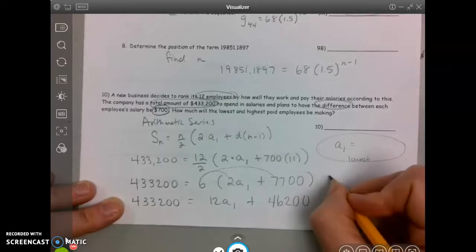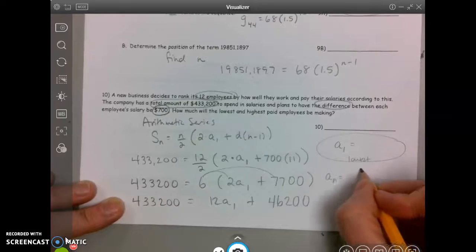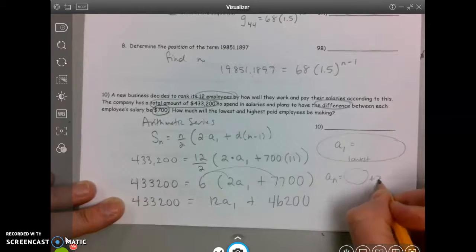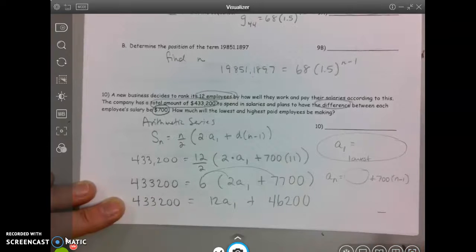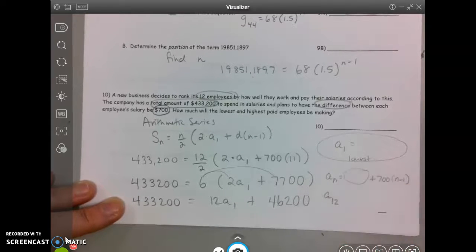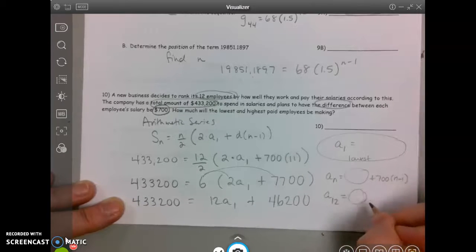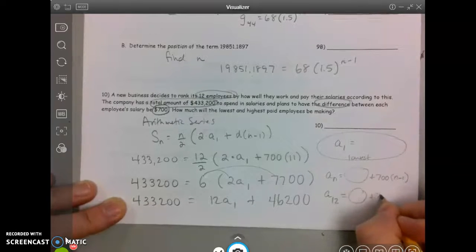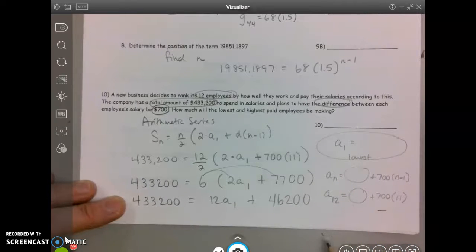You can write a formula, a sub n equals the first term, which is what you found, plus 700 times n minus 1. And you know the highest salary has to be the 12th person, the last person. So you'll put whatever amount you got for the first term, plus 700 times 11, and you'll be able to find the salary for the last person.